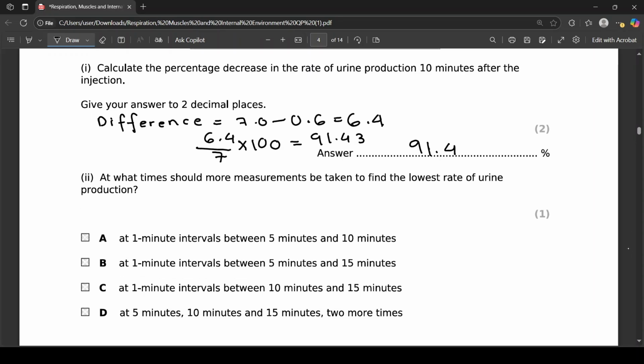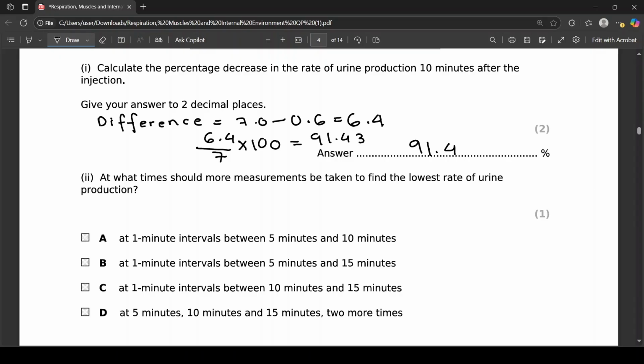At what times should more measurements be taken to find the lowest rate of urine production? We have to see the data, the chart above.